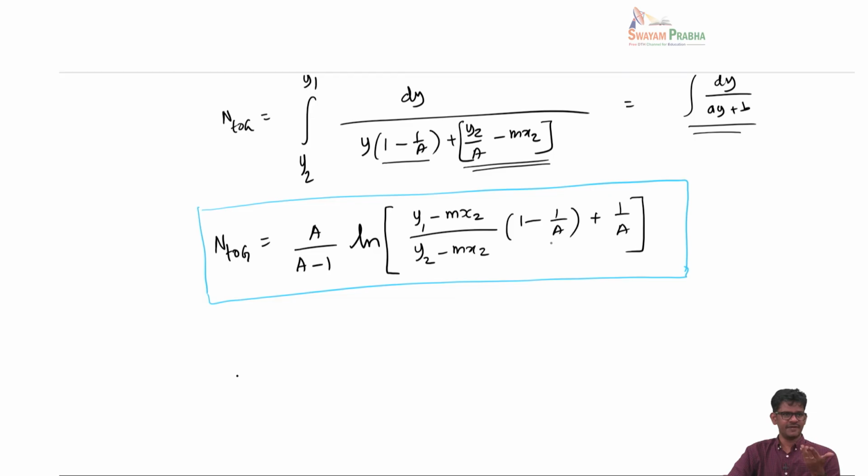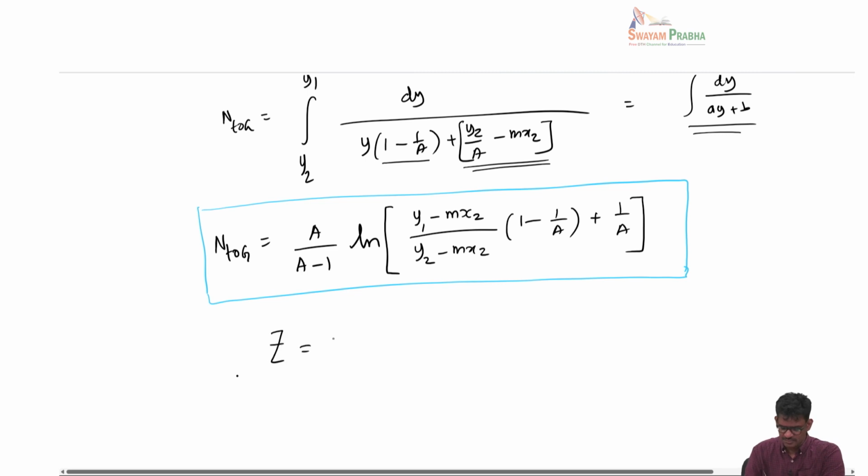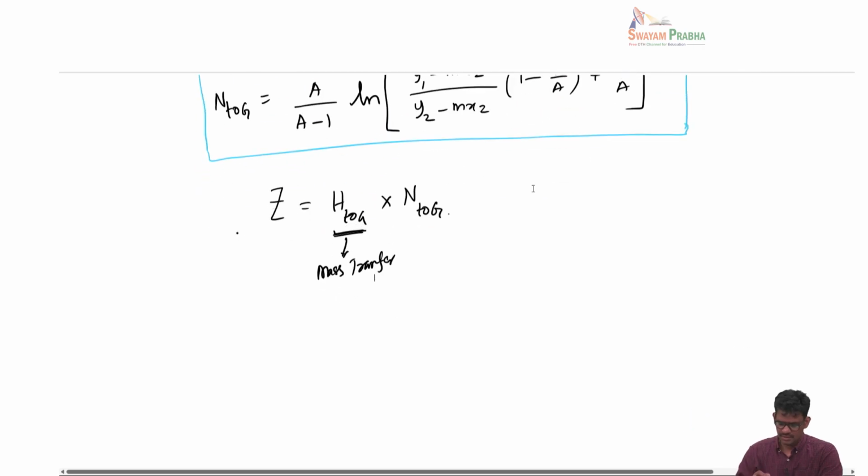But the mass transfer rate effect comes through HTU, the height of a transfer unit. So, therefore, the height of the column is written as the product of HTOG and NTOG. This includes the mass transfer coefficient or mass transfer rate, interfacial area, and the flow rate.